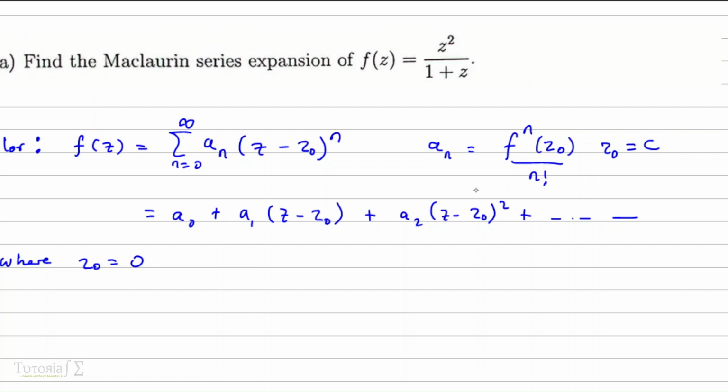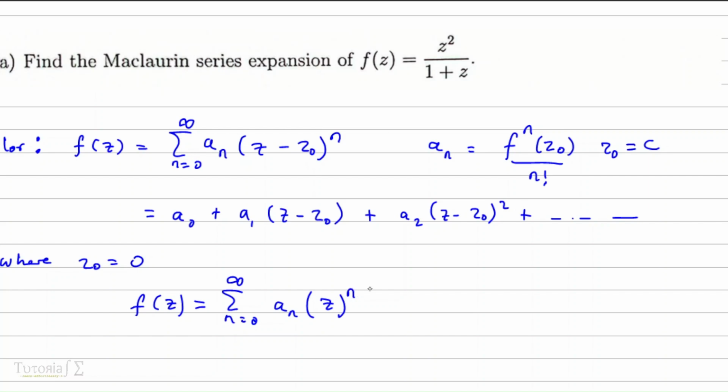So when you're told to find the Maclaurin series, what they're saying is that this Taylor series is centered at z naught equal to 0, and the series should look like f of z equals the sum from n equals 0 to infinity of an, then where there is z naught, we put 0, so z minus 0 is just z, so it is z to the power n.